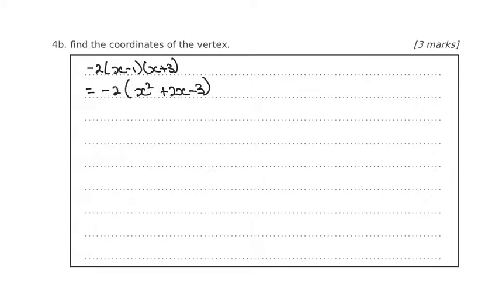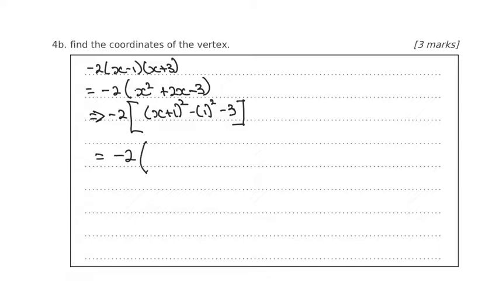So therefore, we get -2 brackets (x + 1) all squared - 1 squared - 3, which equals -2, and in the brackets we will have (x + 1) all squared - 4.